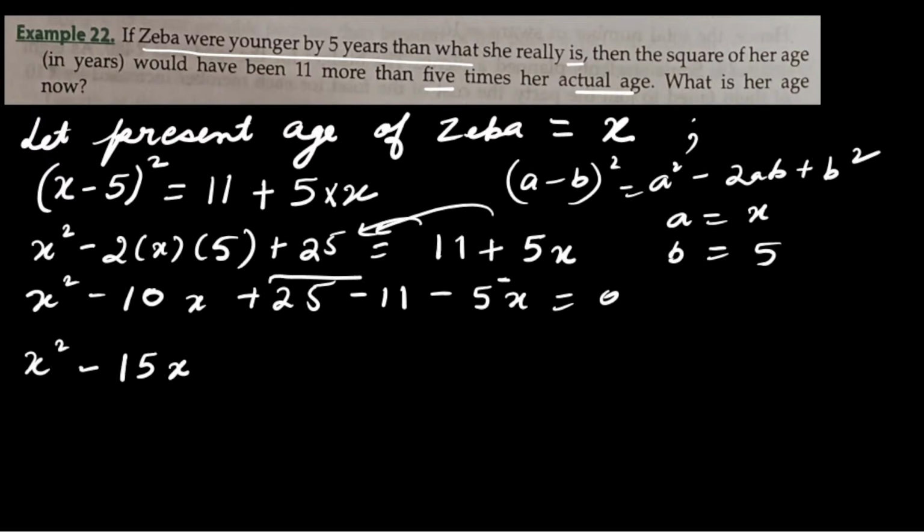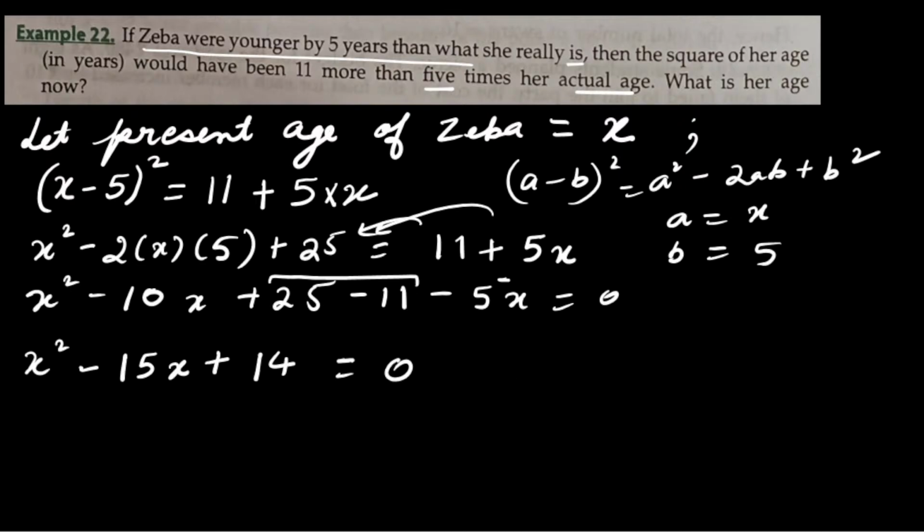Here plus 25 minus 11, these two are like terms. When we simplify this, it will become plus 14. So x square minus 15x plus 14 is the required equation.